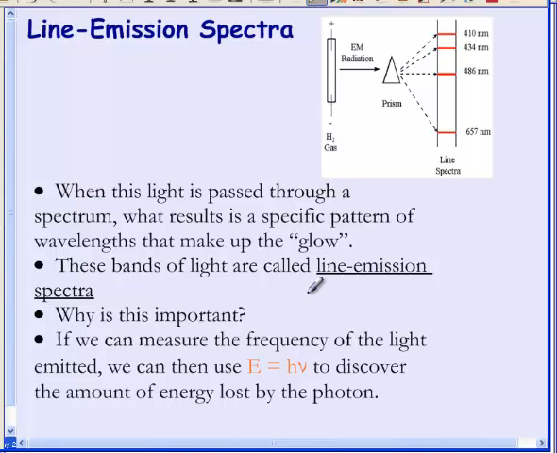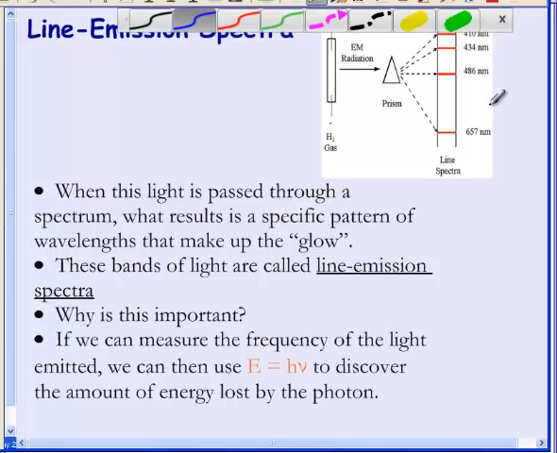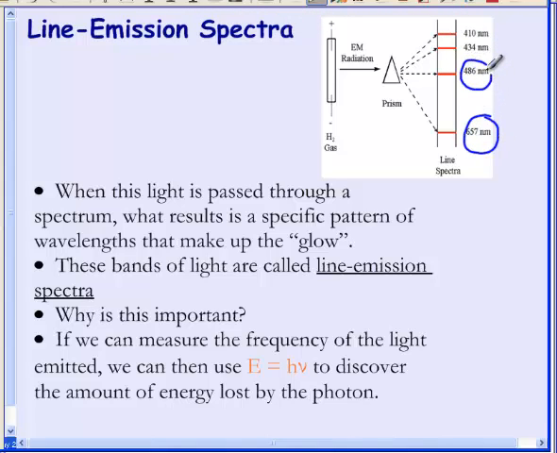Another way to think about that is just like if you throw a baseball into the air with a certain amount of energy, it's going to come back down with a certain amount of energy. And if we go back to the idea of light, if we know what color the light is, so for hydrogen gas, Bohr could tell what the different colors are. We can relate that to frequency because we know that there's a relationship between wavelength and frequency.